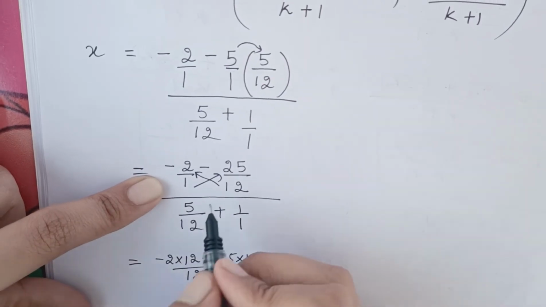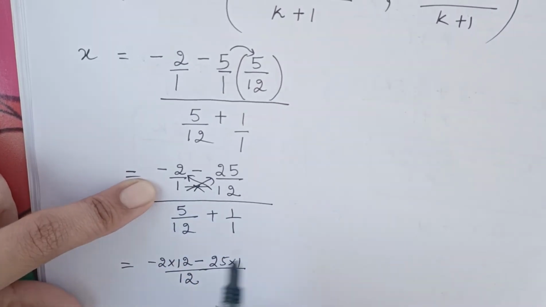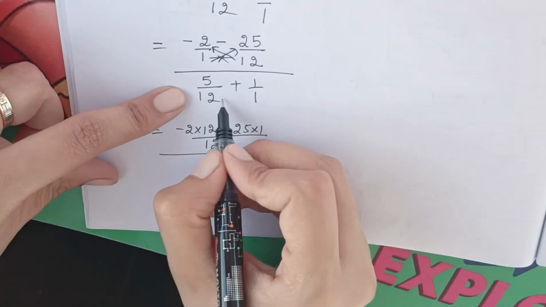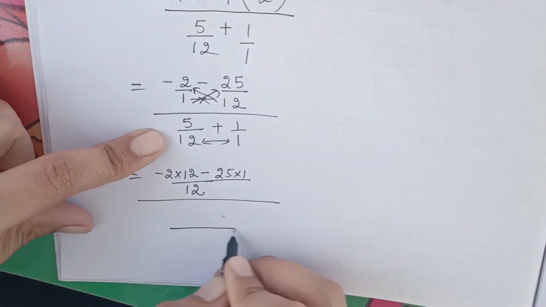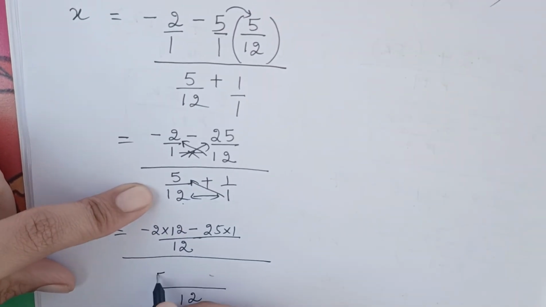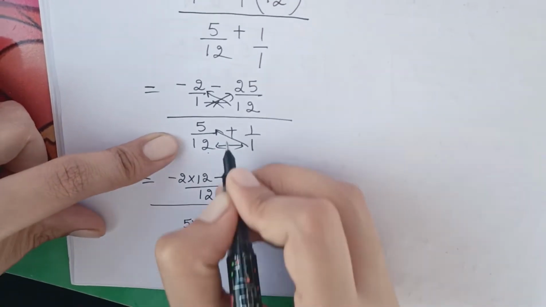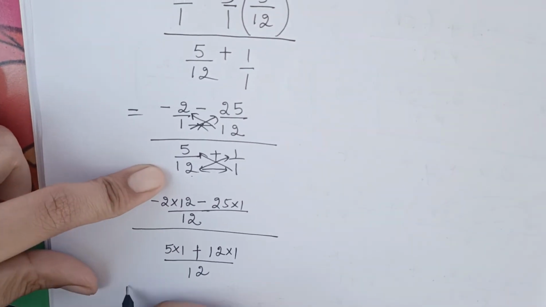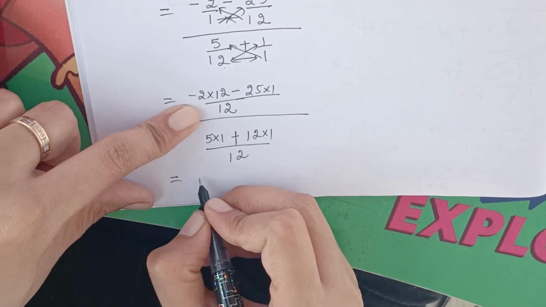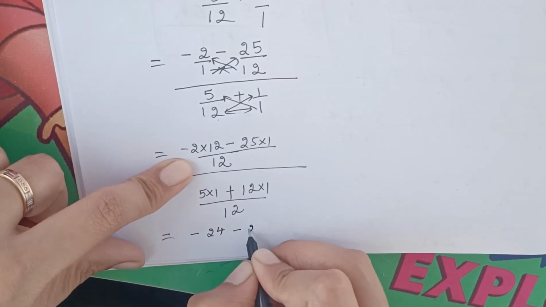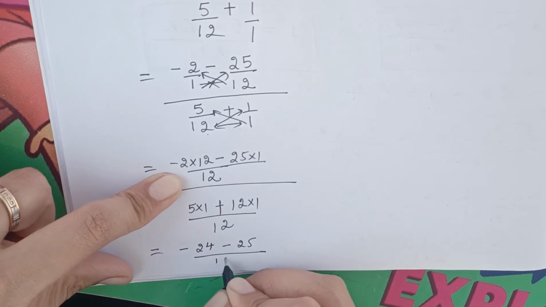If you don't know how to take LCM, just multiply the denominators: 1 into 12 is 12. The lower fraction we do the same way: 5 into 1, the plus sign as it is, and 12 into 1. So this is minus 24 minus 25 by 12.